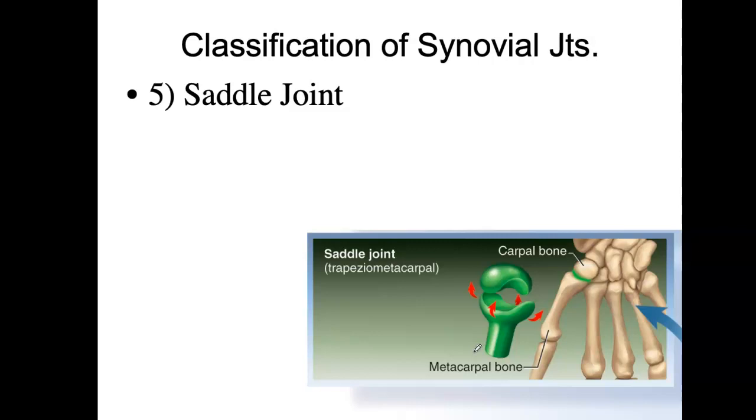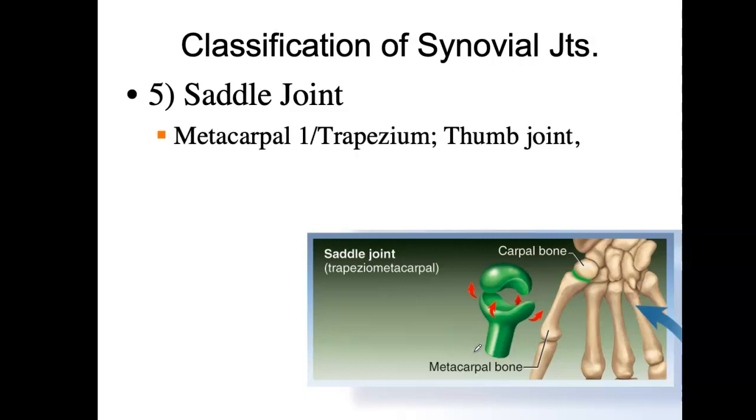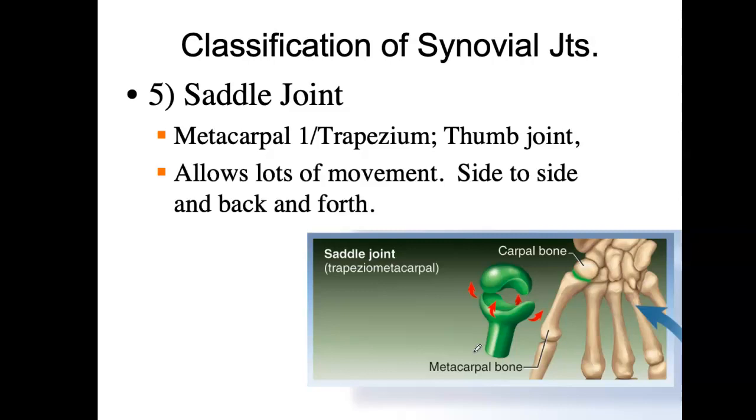And this is your metacarpal coming up on your thumb, your metacarpal coming into your wrist. That is a saddle joint. Again, that gives a lot of pain to some people who have loss of cartilage in that joint. Saddle. It's metacarpal 1 in the trapezium, remember? That's the first carpal bone. And it allows a ton of movement.